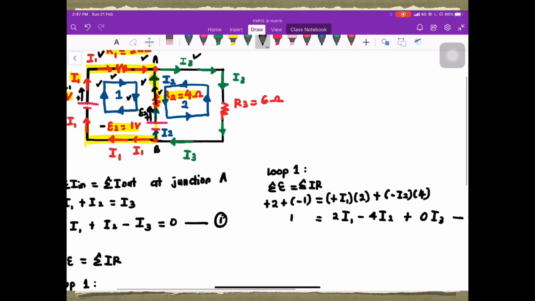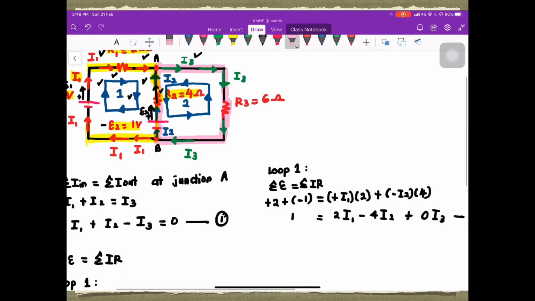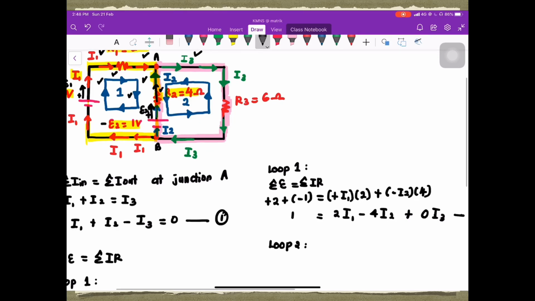Now refer to loop 2. Loop 2 consists of I3, R3, and I3 here, then I2, EMF2, R2. It must be a closed loop.